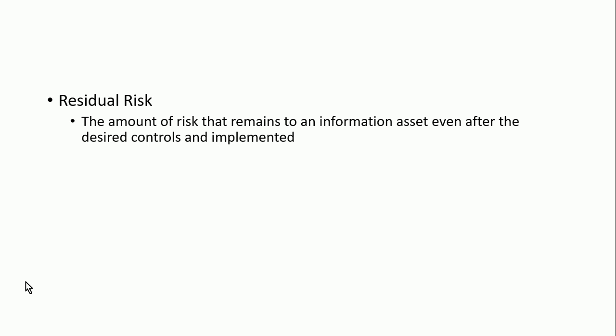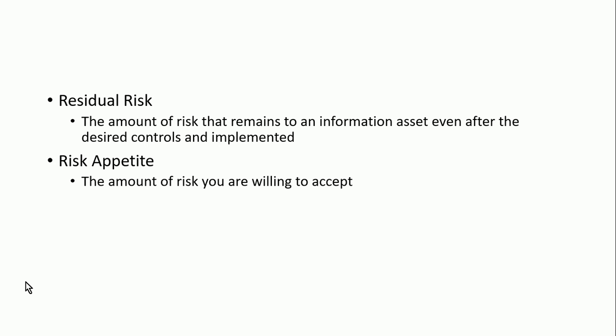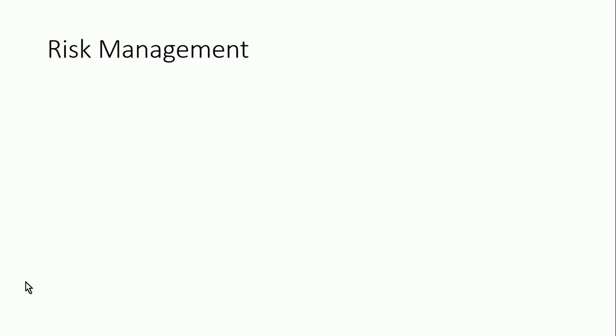In some cases, we look at our risk appetite, which is the risks that we're willing to accept. But if we're not willing to accept the risk, we try to mitigate it with whatever means possible, and whatever risk is left is the residual risk. So again, these are two terms that are from your textbook. I just wanted to talk briefly about those two terms.